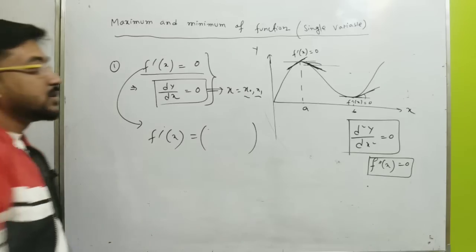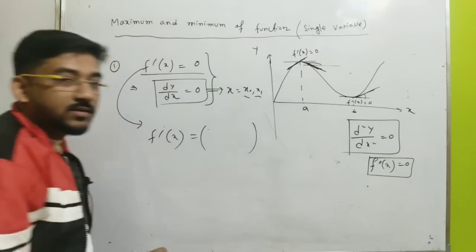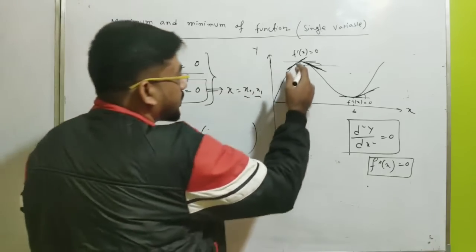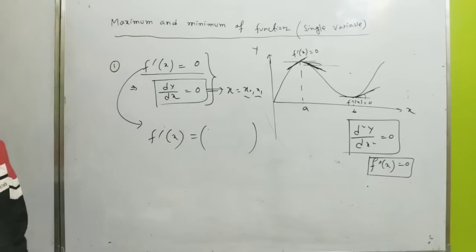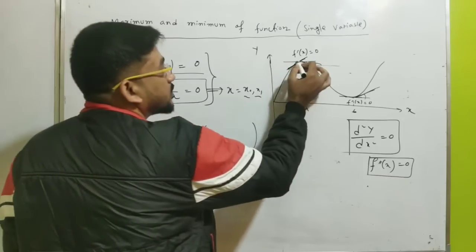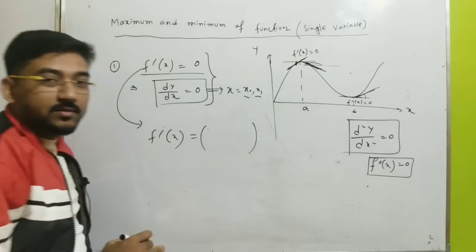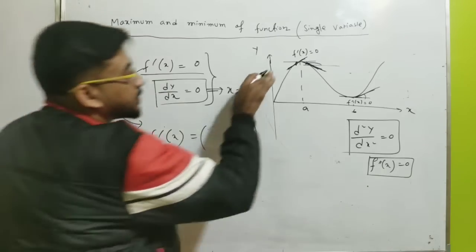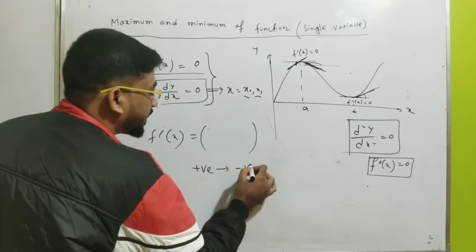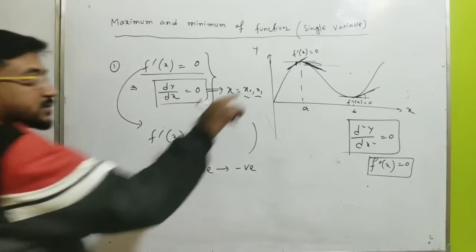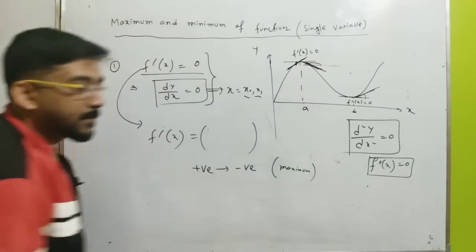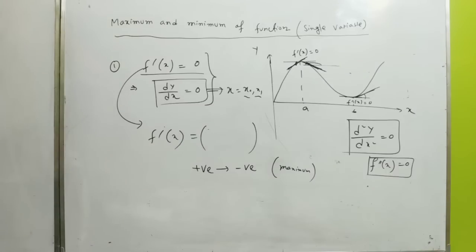So if we take a neighborhood point where f prime x is equal to 0, and with reference to that point we take two values, one from here and another from here, and if the function changes its sign from positive to negative, then what will happen? The function must have a maximum value.